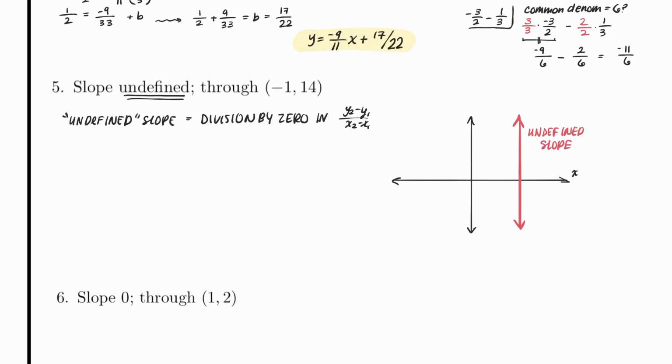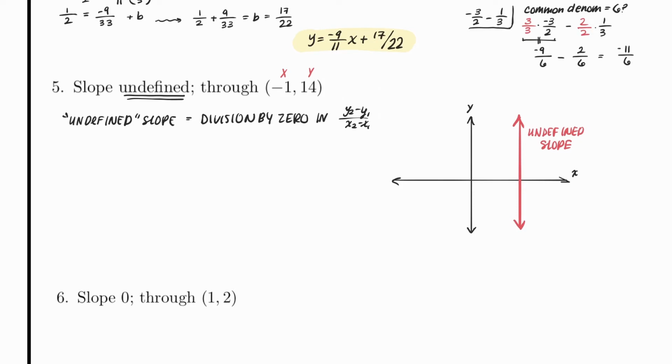So if I label my axes here, it looks like if I have undefined slope, the x coordinate isn't changing. If I label my point x, y here, x is what's going to stay the same, and y can be anything.